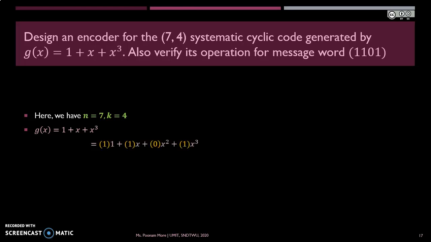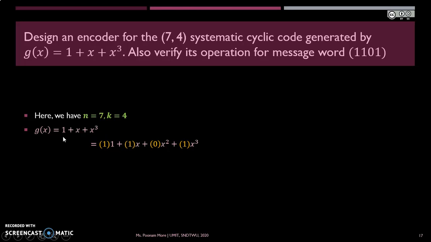Here this generator polynomial we can rewrite with its position coefficients so as to form our encoder. If you observe, as the 1 is available in the polynomial, the coefficient of 1 is considered as 1. As x is present in the polynomial, the coefficient of x is also considered as 1.